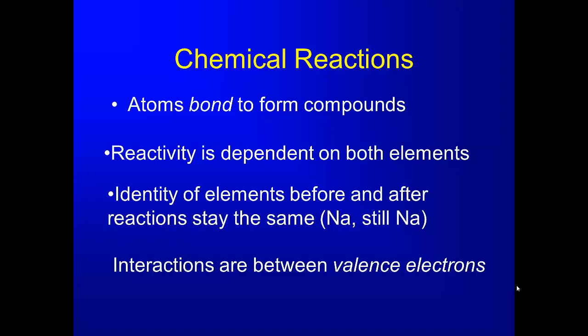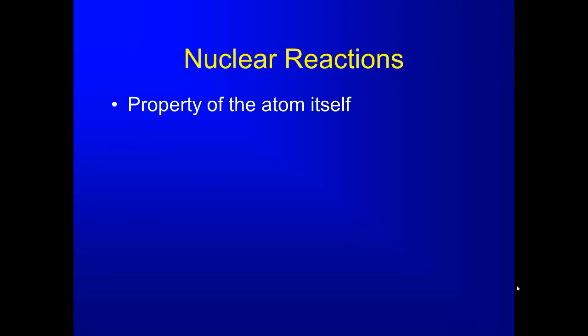Let's compare that to the nuclear reaction. If I have a nuclear reaction, it's really a property of just that single atom, and it's happening just within that single atom and not with it reacting with something else. You get spontaneous changes. If it's not stable, it's going to do something to change it to make it stable.